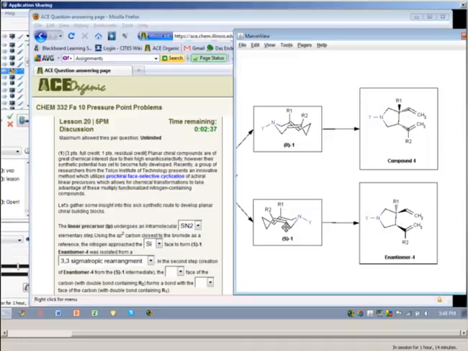We have the ray or the psi phase of the carbon with a double bond containing R2 forming a bond with the ray or the psi phase of the carbon with the double bond containing R1. So you have to ask yourself, where exactly is the point of connection?